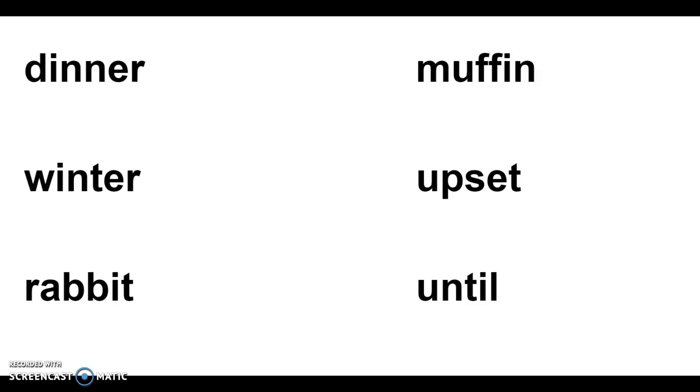Remember, step 1, you label the vowels. Step 2, you label the consonants in between the vowels. Step 3, you divide the word between the 2 consonants. Step 4, you determine if they're open or closed syllables, and then you blend it. Once you've finished these 3 words, you're good to go.